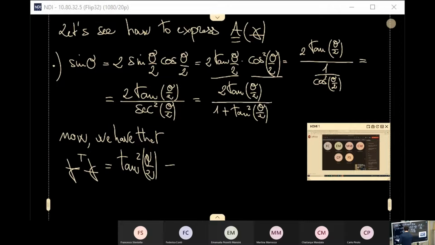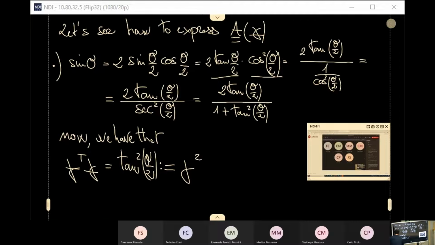And this, we call, by definition, gamma, gamma without the underbar. So it's the module, okay? It's the value of the scalar product. It's a scalar quantity. Sorry, gamma squared.